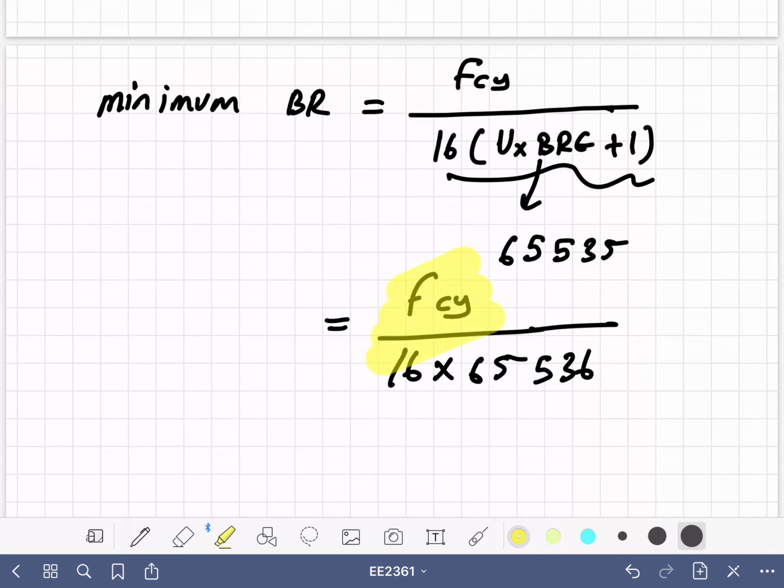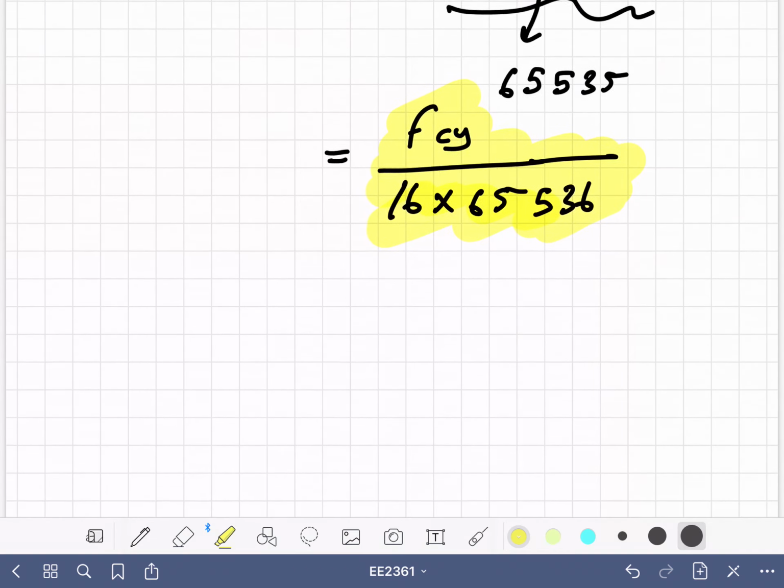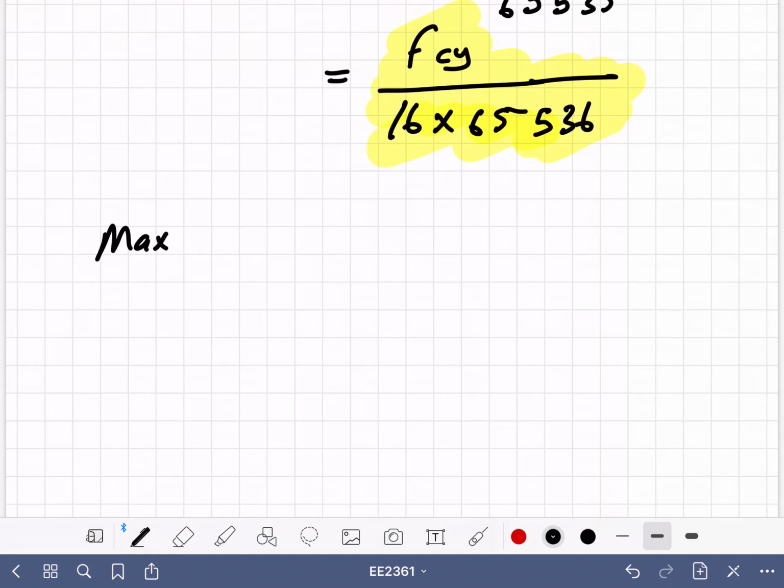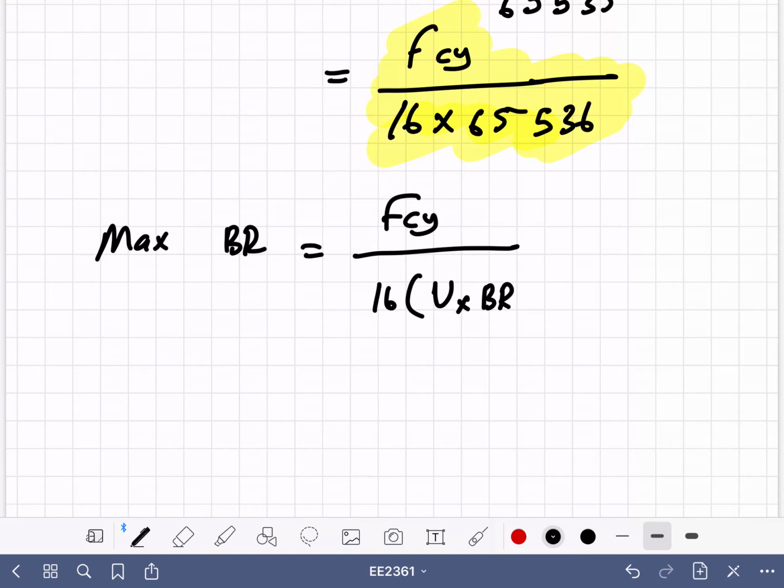Yeah, so that's the minimum baud rate formula. And for the maximum baud rate, again using the same formula, FCY over 16 times (UxBRG plus 1).